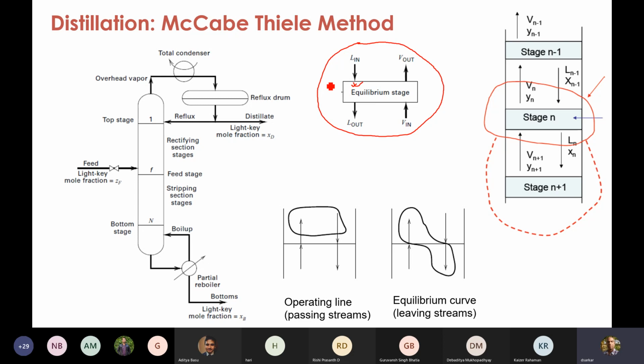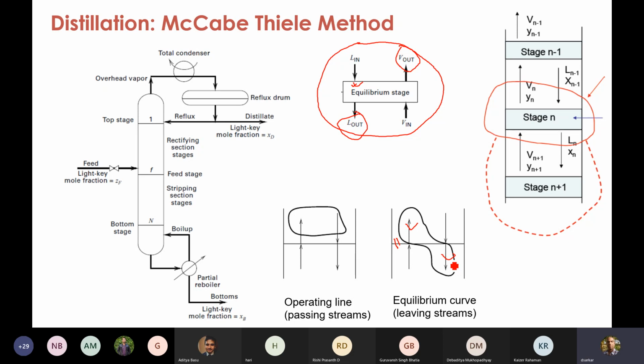So you can immediately figure out that for an equilibrium stage, that means an ideal stage, the vapor stream that is leaving and the liquid stream that is leaving, these two concentrations will lie on the equilibrium curve.